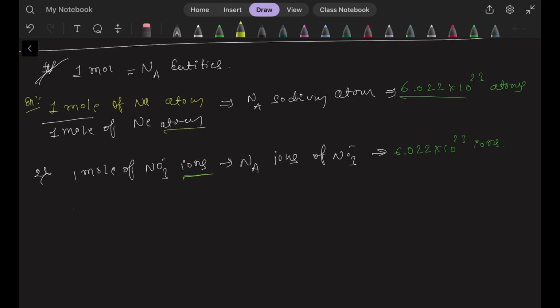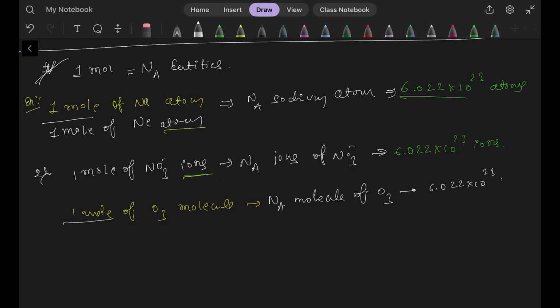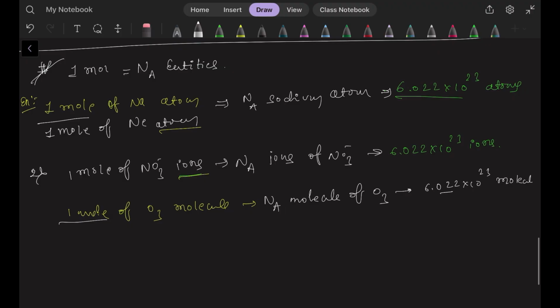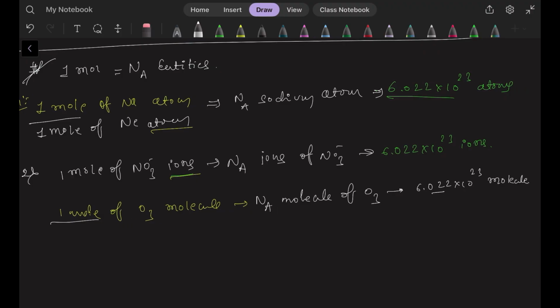Just go for this. 1 mole of ozone contains how many molecules? That is again Avogadro number of ozone molecules. How much? That is 6.022 into 10 to the power 23 molecules. You can take 6.022 or 6.023 also. Approximately you will get the same values. These are the entities.